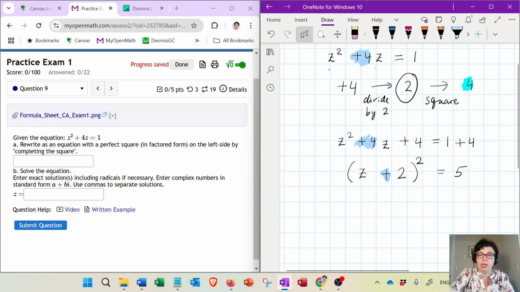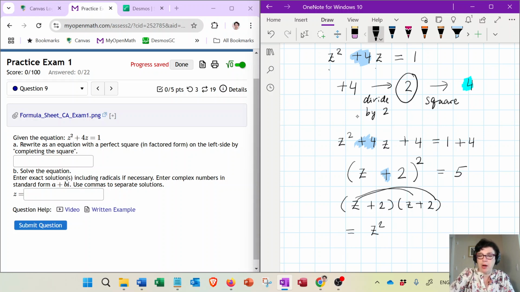Now, how do I know this is correct? All I did was rewrite z squared plus 4z plus 4 as a perfect square. What the square means is that you are multiplying z plus 2 by itself. If you were to FOIL this, first, z times z, that's z squared.